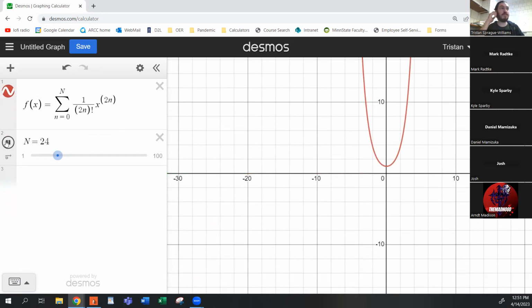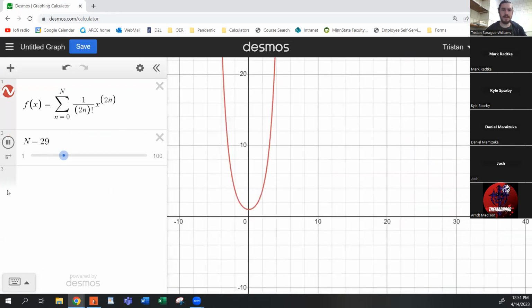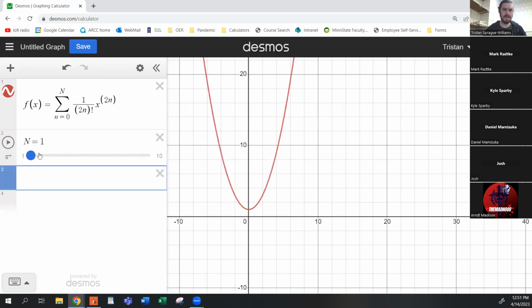Now we have just the even terms. And okay, I don't even see anything changing. Let's go back to 1. Yeah, they change very slowly. They only change for the first few. You can barely even see the difference. But yeah, after that, it's so close, it might as well be there.